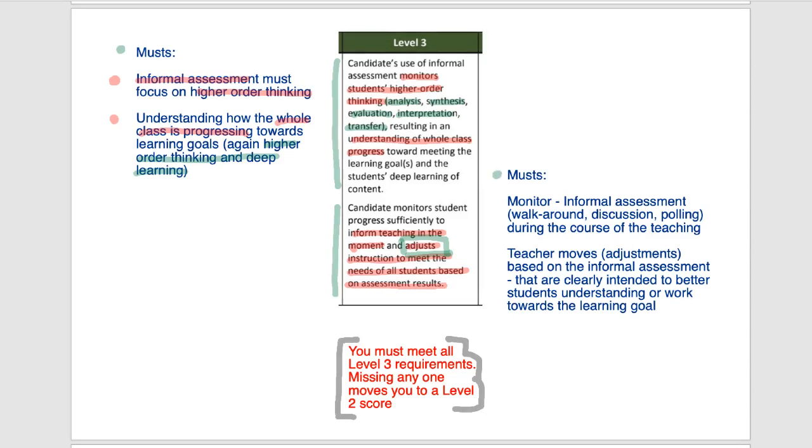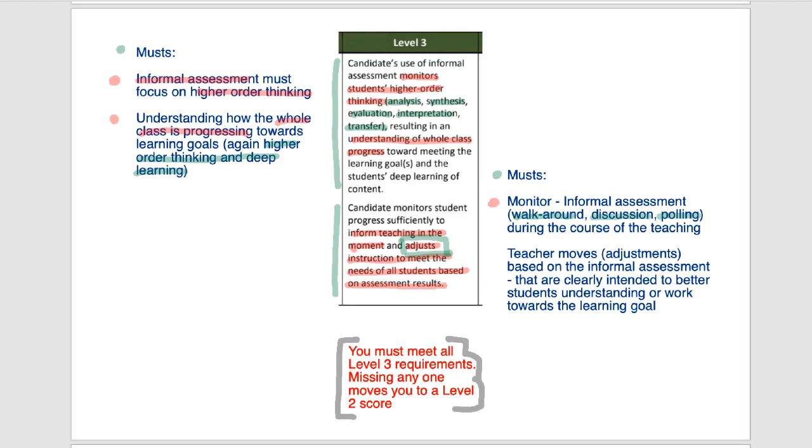Musts. You must monitor. The informal assessment is about checking along the way, ongoing assessment. My suggestions here, you can think about walk-arounds, the way you listen during discussions, when you poll kids, thumbs up, thumbs down, fist to 5. Okay, an exit ticket could be a kind of informal assessment too.